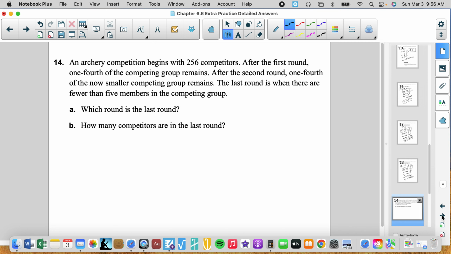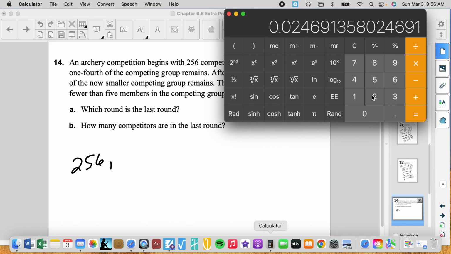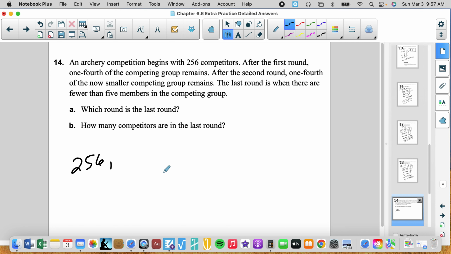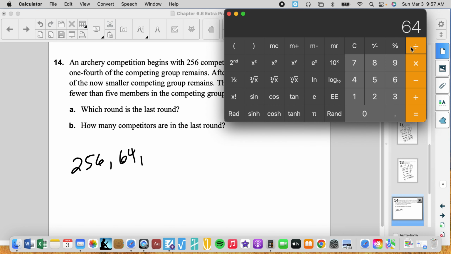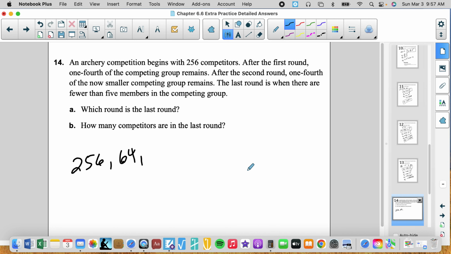Which round is the last round? Well, so we have 256. Then we're going to divide that by 4, which is just like multiplying by 1/4. We get 64. We're going to divide that by 4.